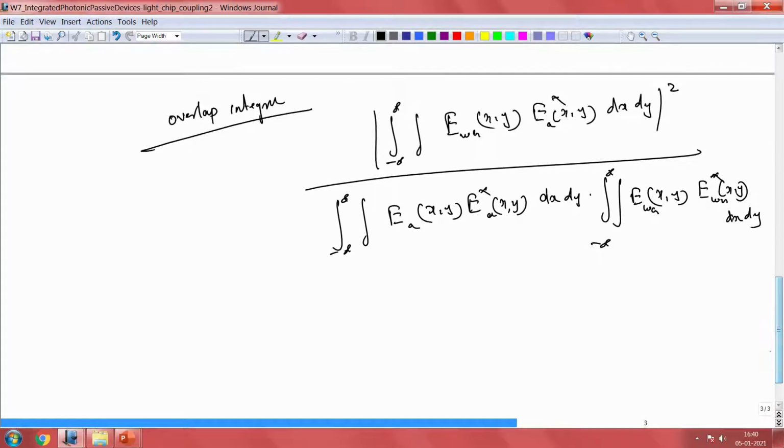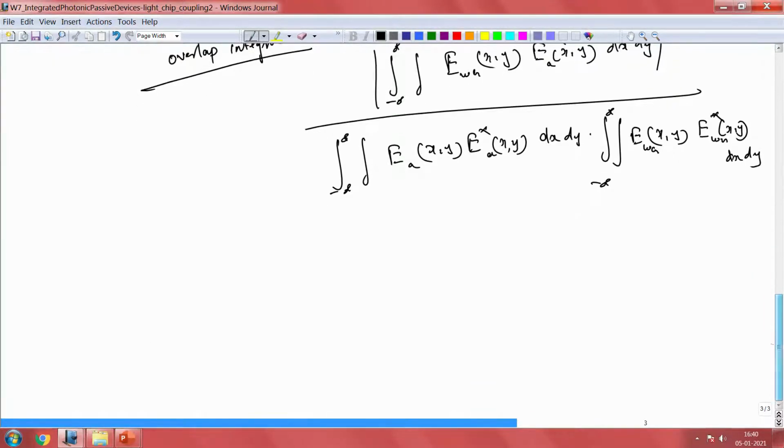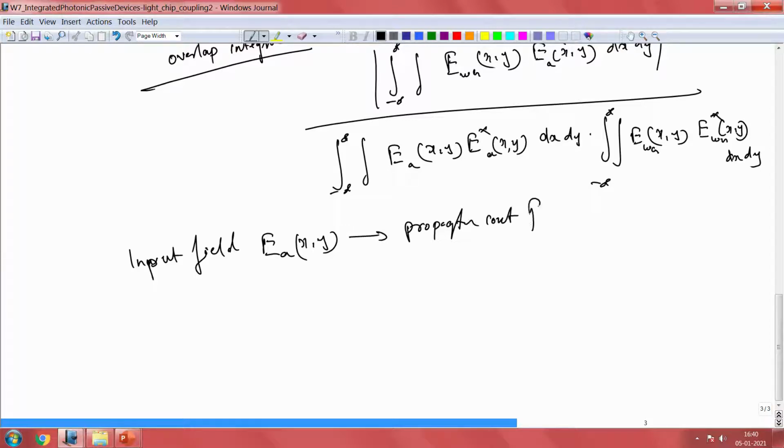So, you have the input field, we talked about E_A(x, y), with a propagation constant, let us say beta_A, and now the waveguide field.